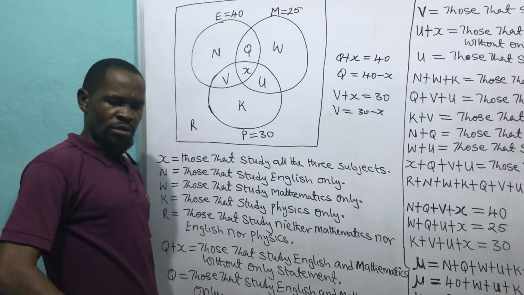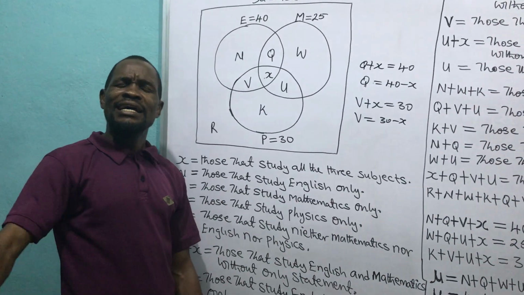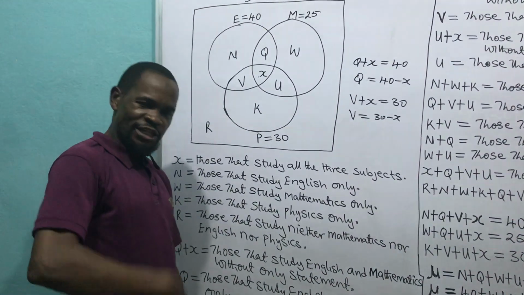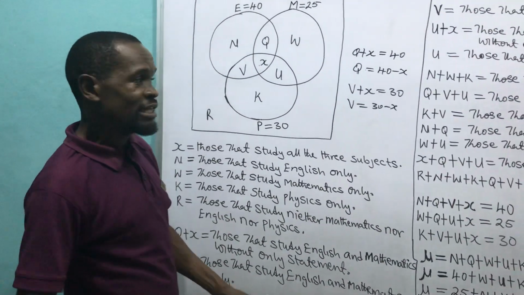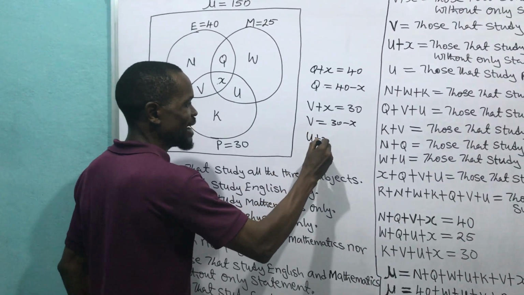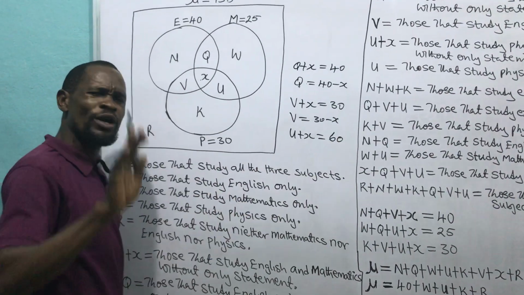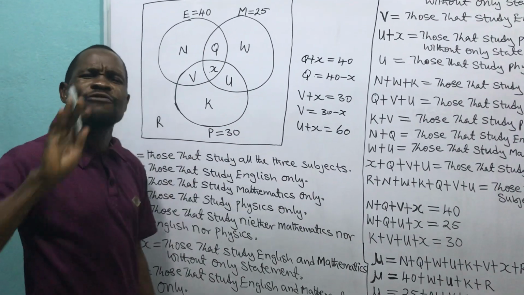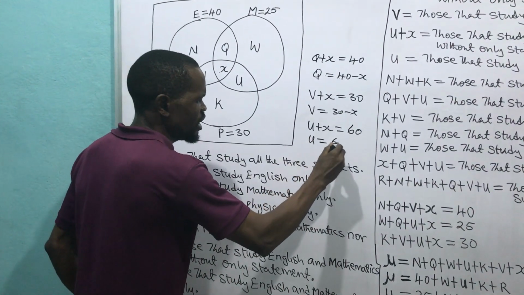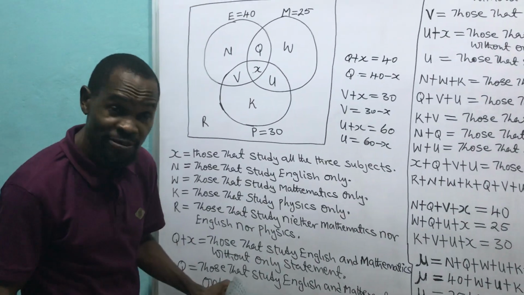That means if I say now, 60 students study mathematics and physics, what I've already informed you is that U plus X is equal to 60. Then if I want to get people that study mathematics and physics only, it will now be U, which is equal to 60 minus X. I believe everybody understood what I'm talking about.